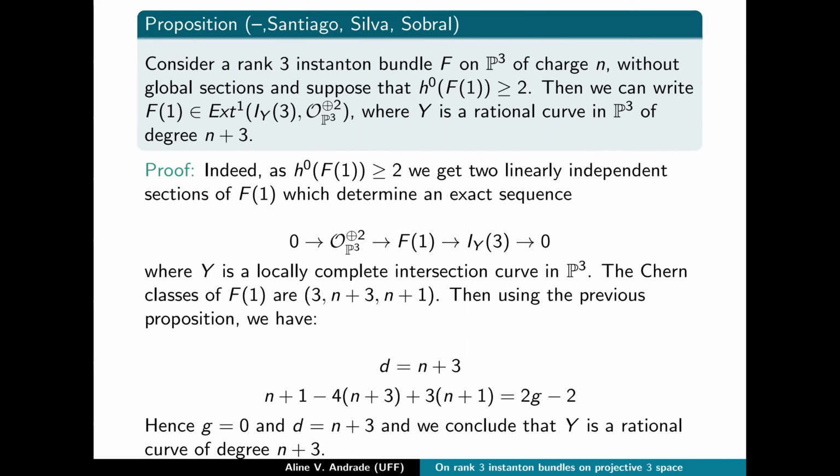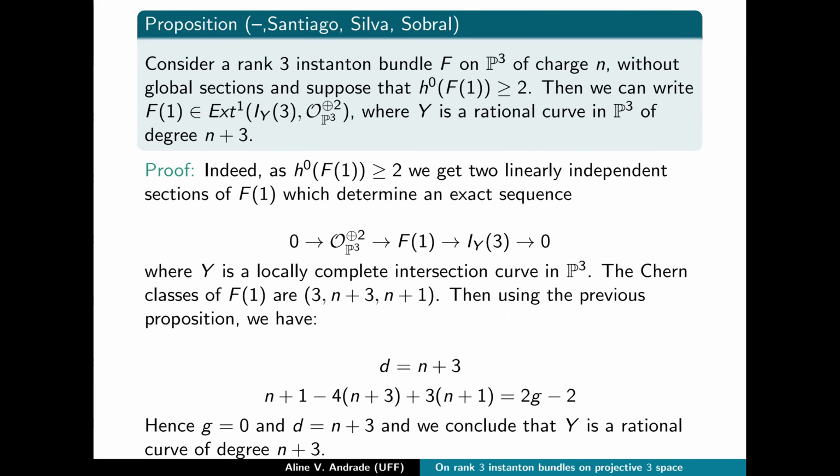And the Chern classes of F1 are 3, N plus 3, and N plus 1. Then we can use the previous proposition to determine that D, the degree, is the second Chern class, and the genus is this number, which is 0. So Y is a rational curve of degree N plus 3.